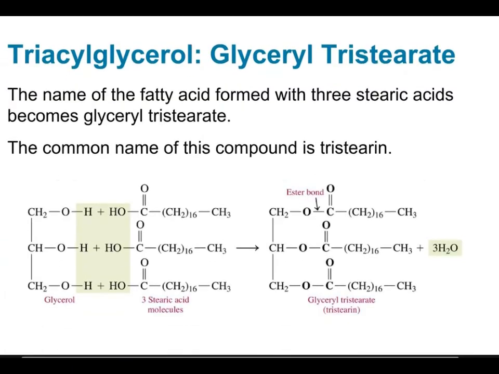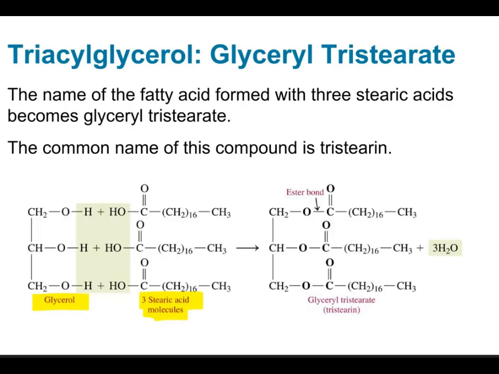So here's an example. This is the triglyceride molecule that is formed by a glycerol and 3 molecules of stearic acid. So the name for this will be glyceryl, because glycerol loses hydrogen.